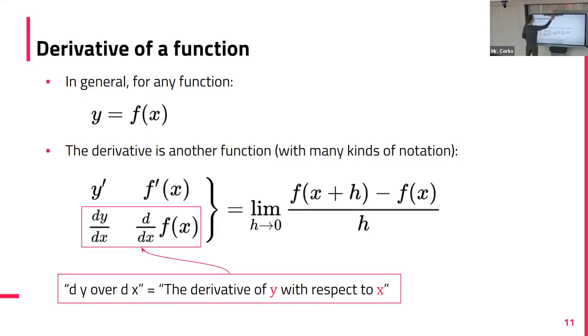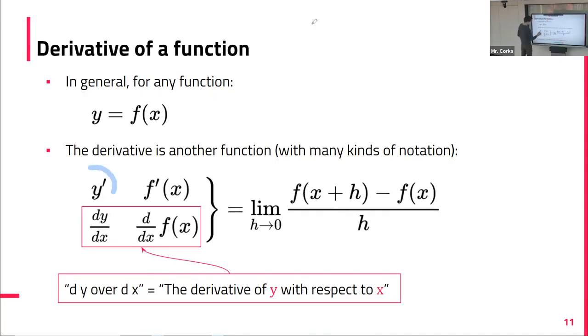We talked about notation last time. And we have these 1, 2, 3, 4 ways of writing the first derivative. We need to be familiar with all of those things. Those all mean the exact same thing. This one here, it's not a fraction.